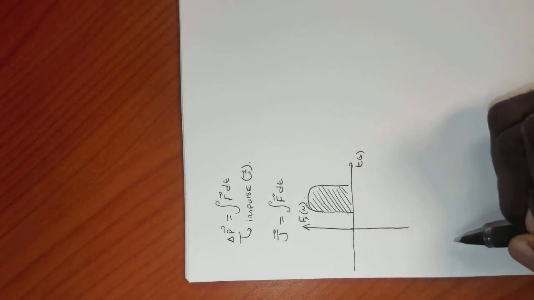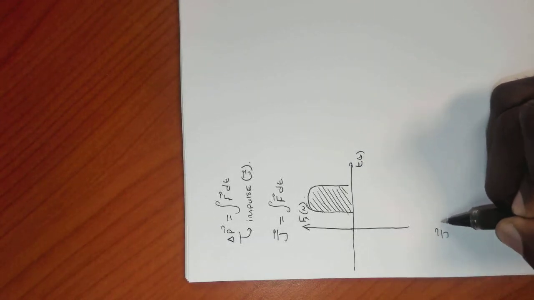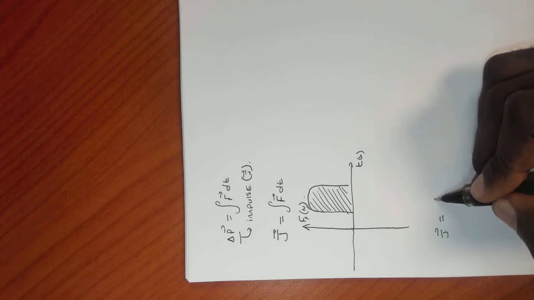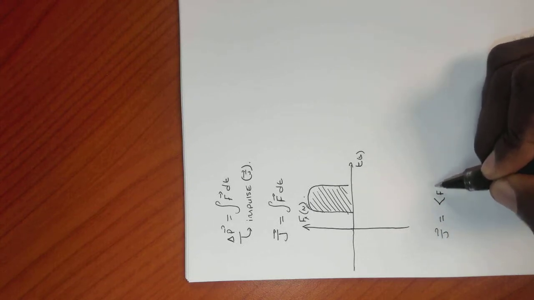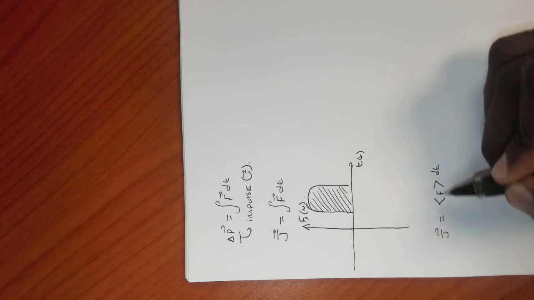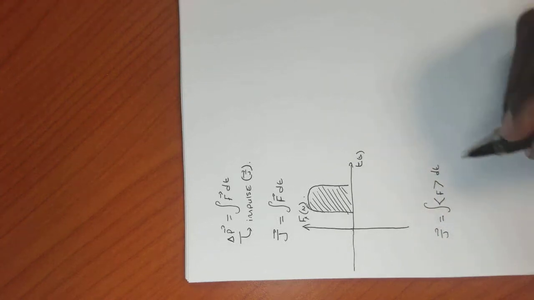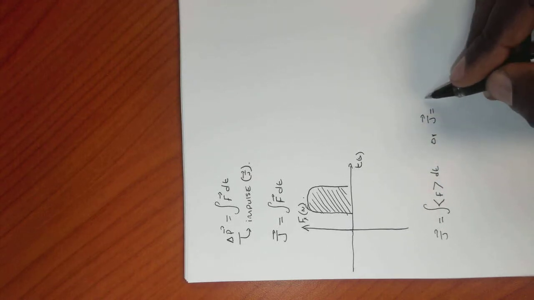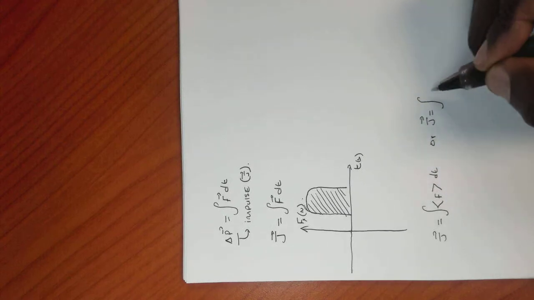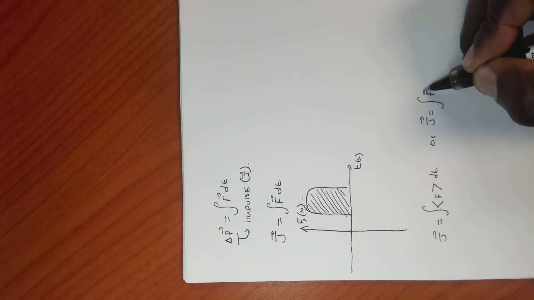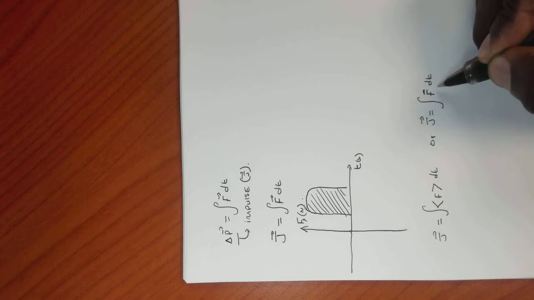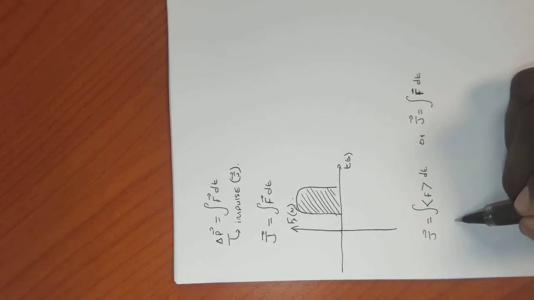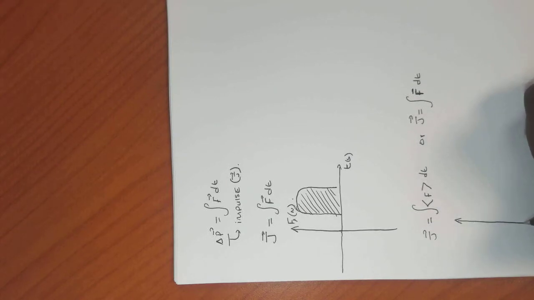If we apply a constant force, we say J equals the constant force or the average force times dt. Instead of the integral, you can write J equals the average force bar times dt, just to show that it is constant. This can be represented in a graph like this.